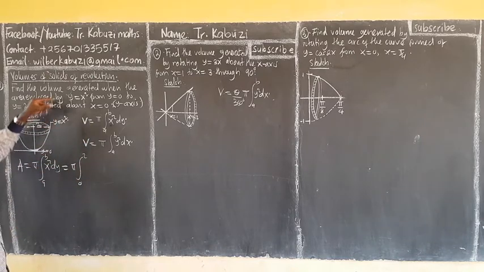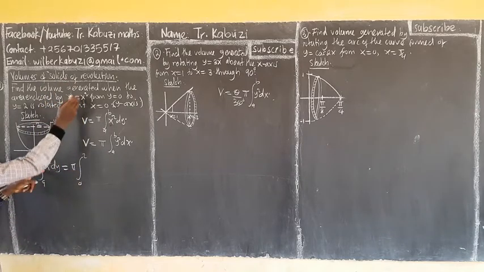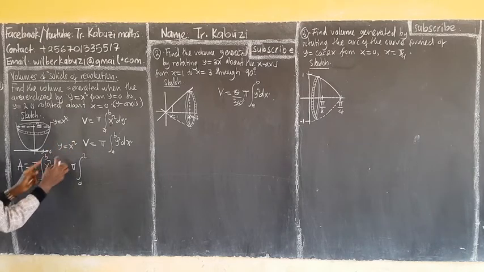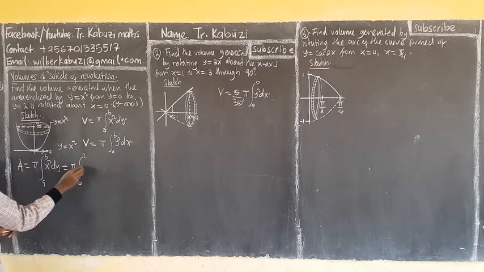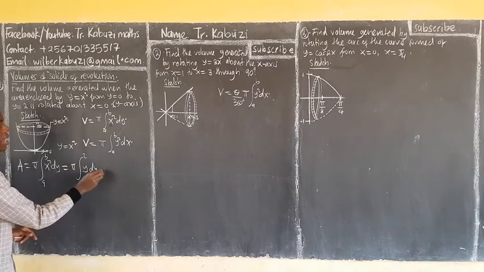Now our x squared from here: my y is equal to x squared. So I need x squared, so that your x squared is y. Then y, which we can easily integrate.